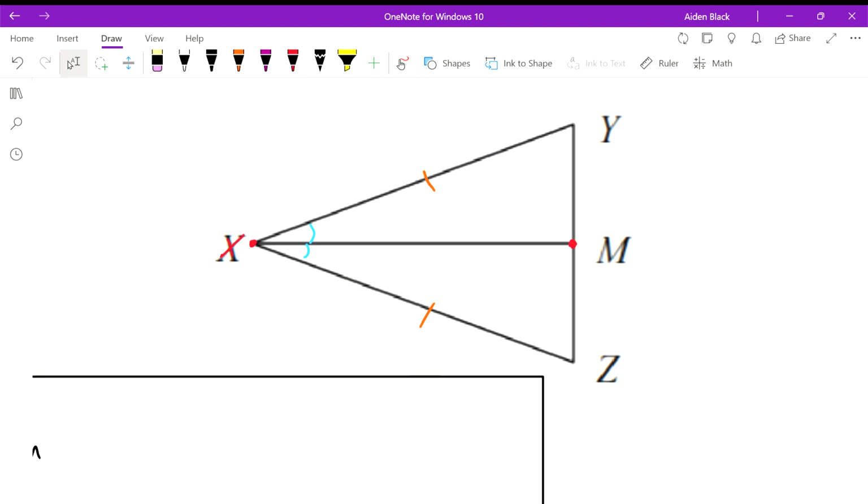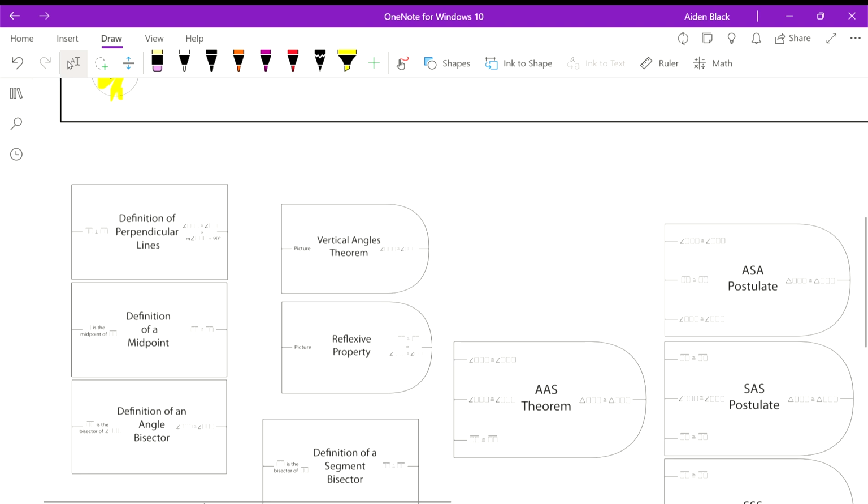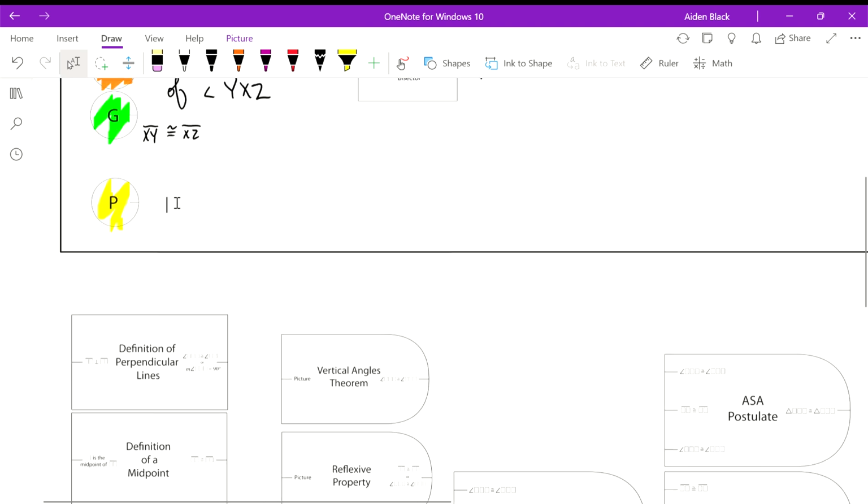Instead, we can look at points X and M and notice that it's a shared side of both triangles. So actually, XM is congruent to XM, and again, that's by the reflexive property. So let's take the reflexive property, simplify the picture.